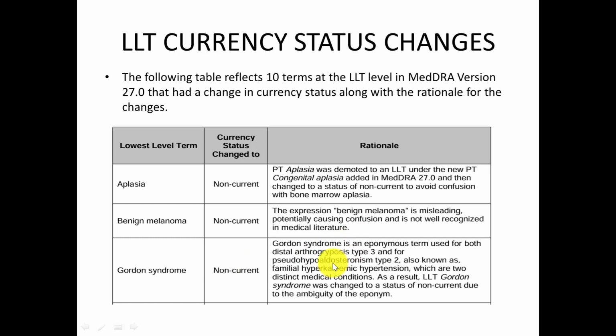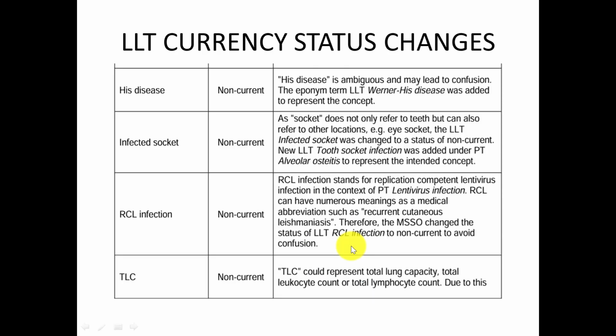When such terminologies come up, we can code the reported LLT directly instead of Gordon syndrome. Then Werner His disease is ambiguous and may lead to confusion. The eponym term LLT, Werner His disease, was added to represent the concept, so that we can code it appropriately.